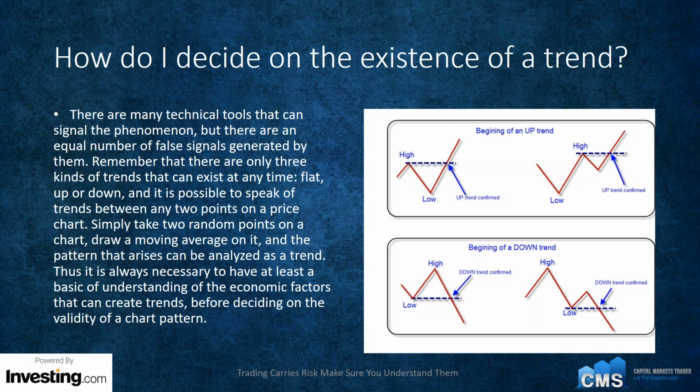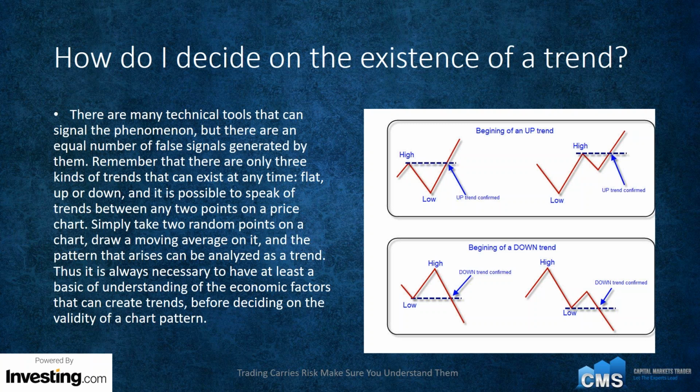Now, how do I decide on the existence of a trend? There are many technical tools that can signal this phenomenon, but there are also an equal amount of false signals generated by them. Remember that there are only three kinds of trends that exist at any time: flat, up, and down. And it's possible to speak of trends between any two points on a price chart.